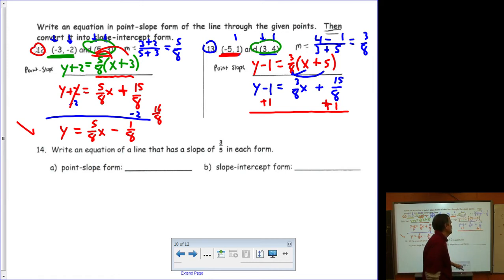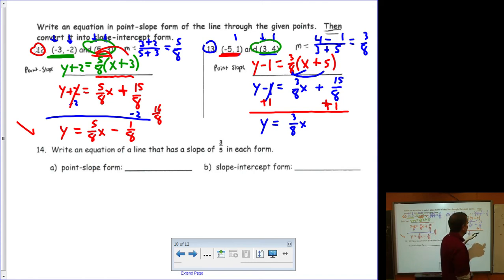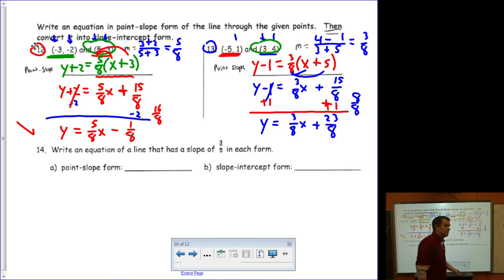And when I add 1 to both sides, I get y equals 3/8x. Now, 15/8 plus 1 would be, 1 is actually equal to 8/8. So 15/8 plus 8/8 gives me 23/8. And there's my equation in slope-intercept form.